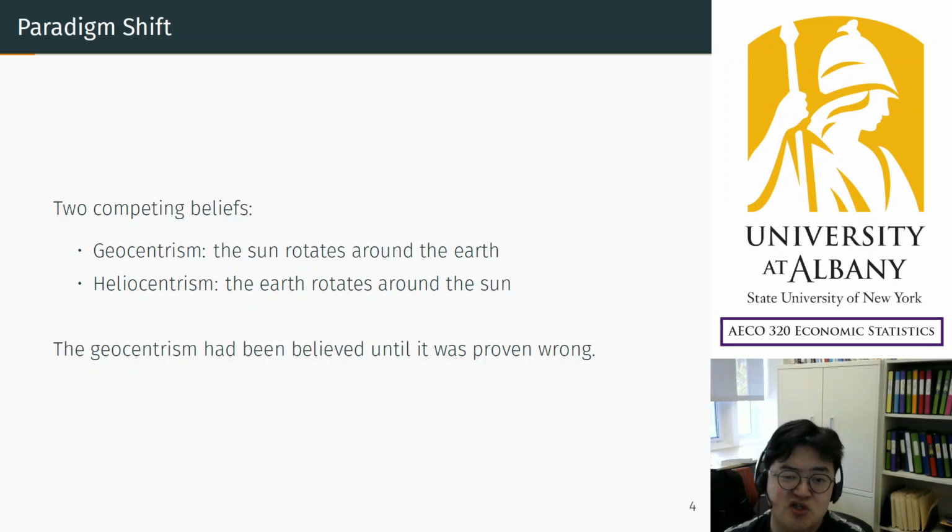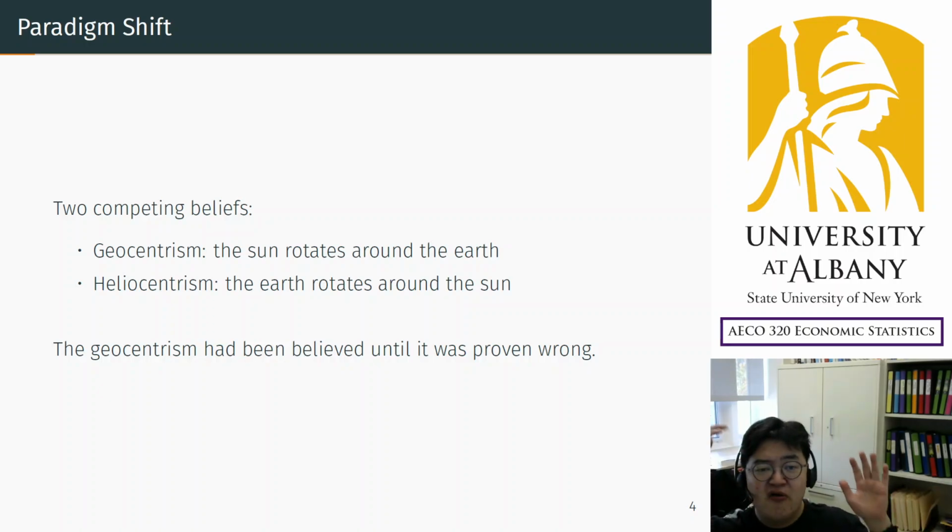But now no one believes in geocentrism. The shift to heliocentrism happened only when there was enough evidence showing that geocentrism is not true, right? Before the revolution, geocentrism was believed, and even when there were several pieces of evidence that geocentrism was wrong, people still tended to deny that.